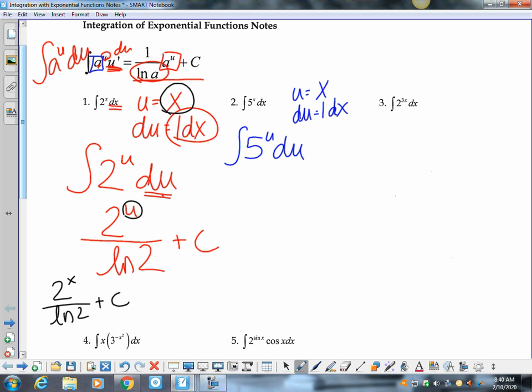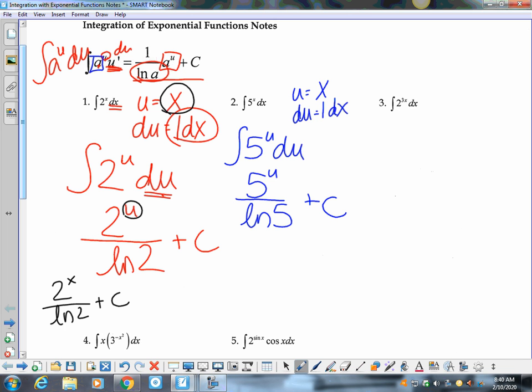Okay, so then what's the rule? Integrate it, do your calculus. Not 5u. 5 to the u over ln of 5 plus c.